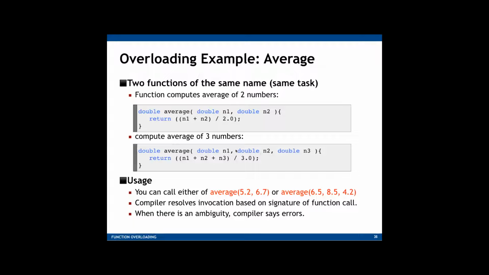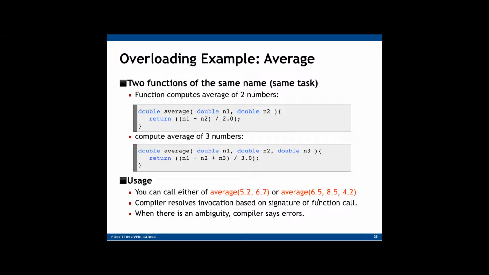So you can call average like this one and this one. Here the number of parameters is 2, so this function call will execute this function. And here this function call passes 3 arguments, so this function call will execute this function.